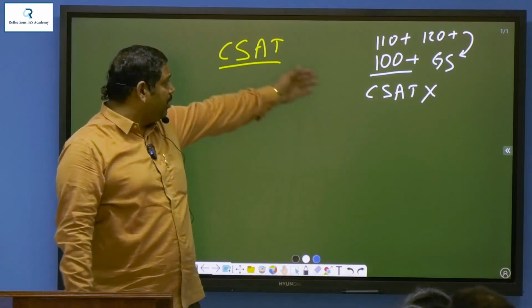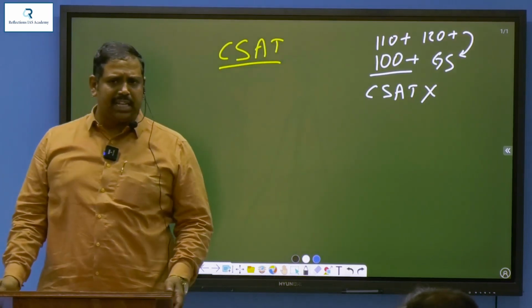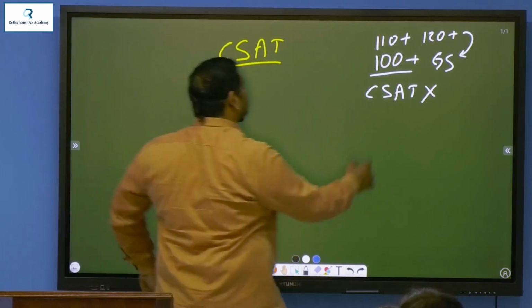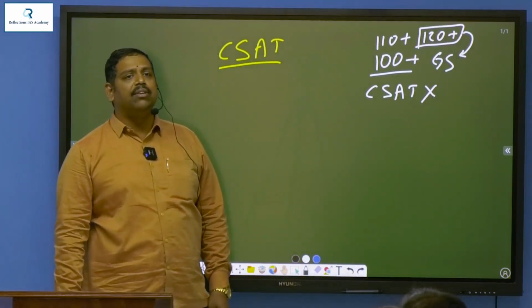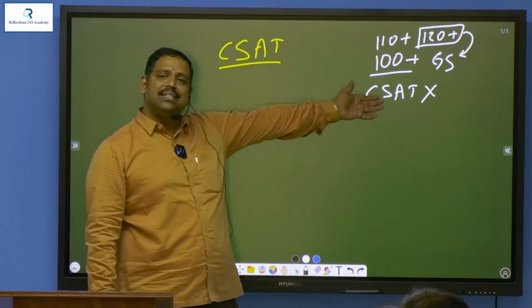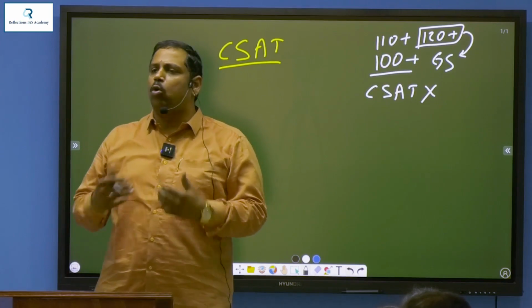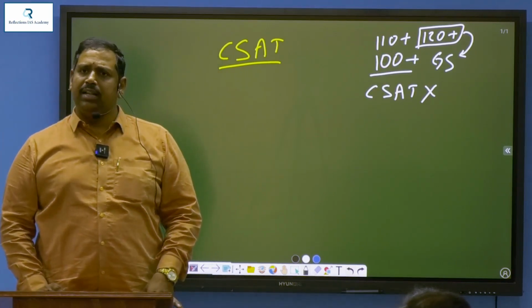He got 120 plus in GS but failed in CSAT. What is the result finally? Did he clear the prelims examination or not? Not. So he got 120 plus marks, so is he intelligent or not? Undoubtedly he is intelligent, right or wrong? Even though he is intelligent, he has not qualified the CSAT examination. That means everybody has to focus more and more on CSAT, and then only the GS part.